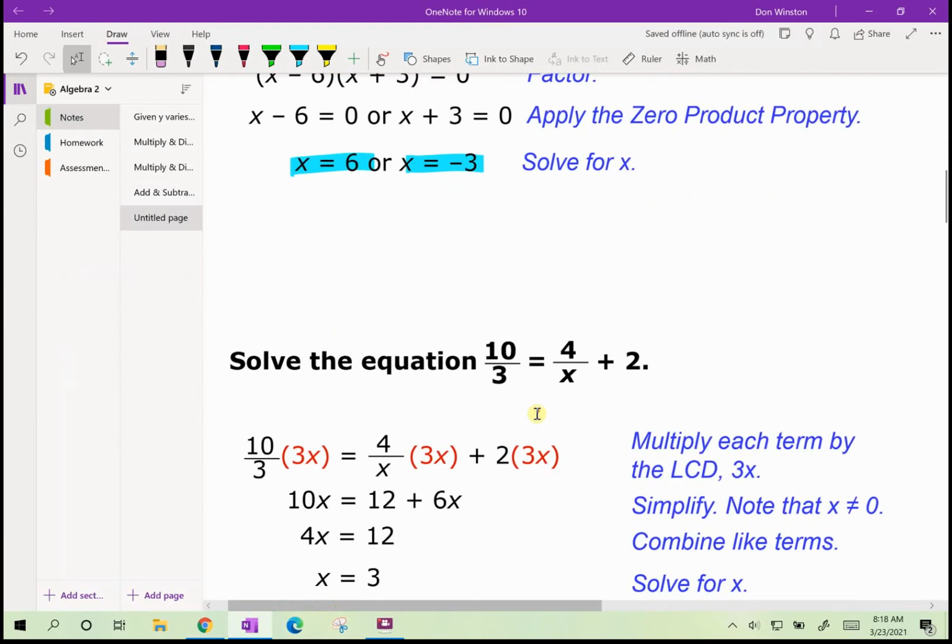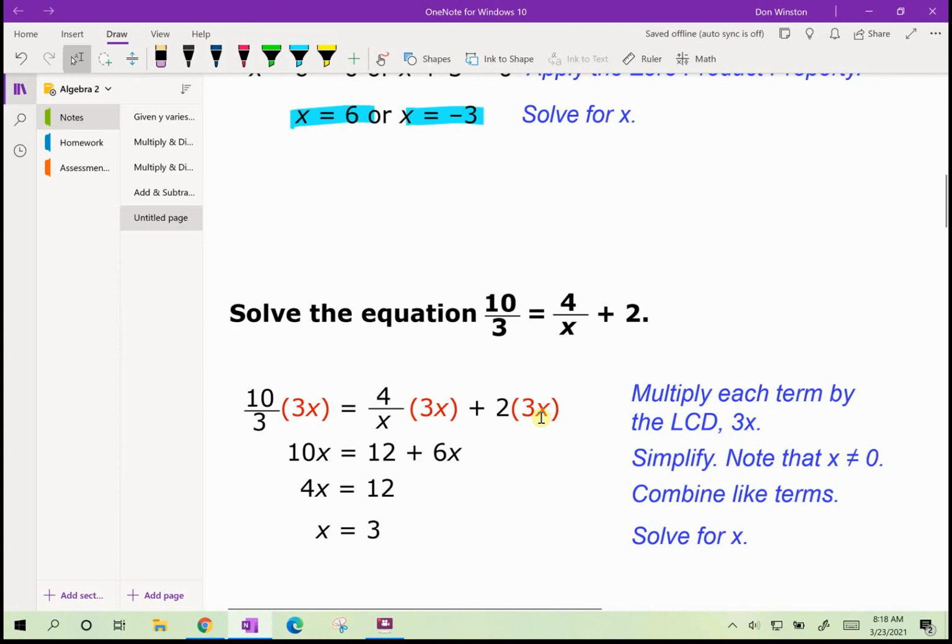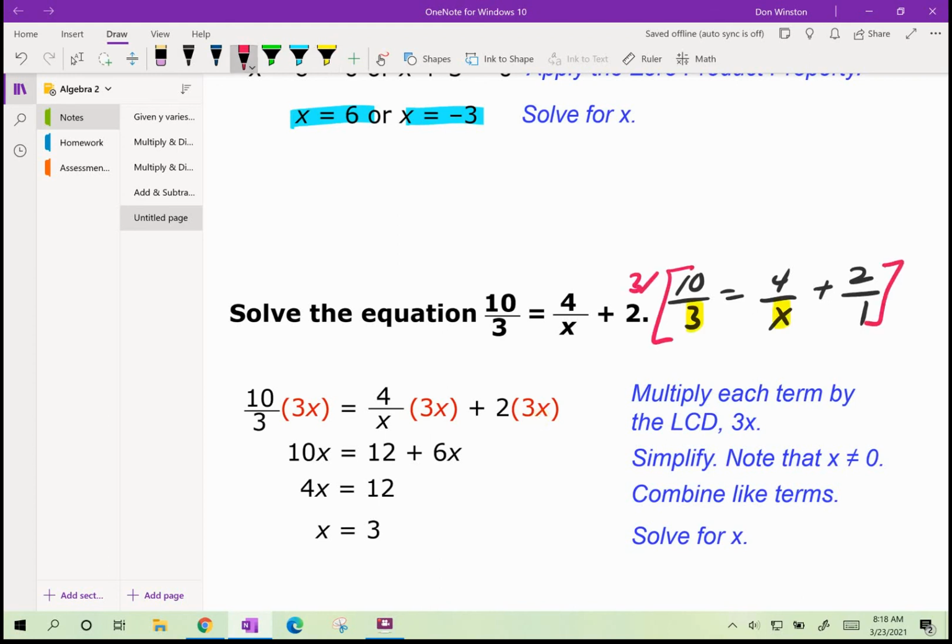So let's do some more of this. Again, I start with 10 over 3 equals 4 over x plus 2, which I'll write as 2 over 1. My LCD has to include the 3 and the x, so I'm going to multiply everything by my LCD, or 3x.